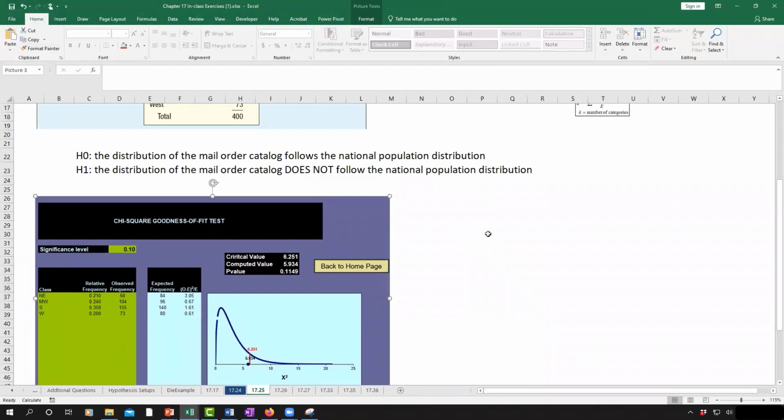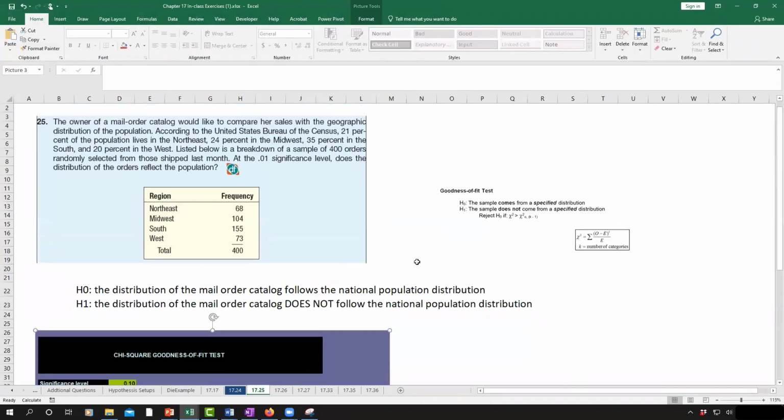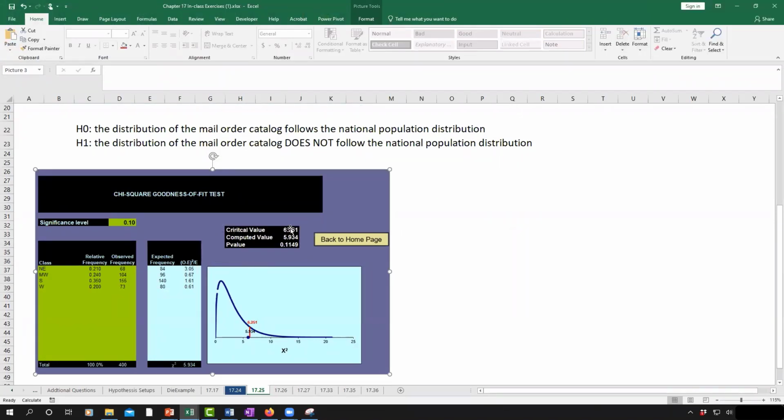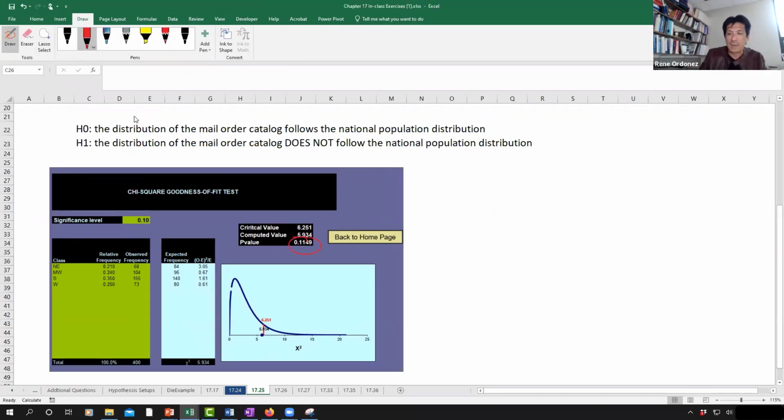You were supposed to change the significance level to 0.01. Oh, 0.01, okay. If I change the significance level to 0.01, what will be affected in here? The critical value? The critical value, correct. But at this point, really, we can simply look at the p-value.